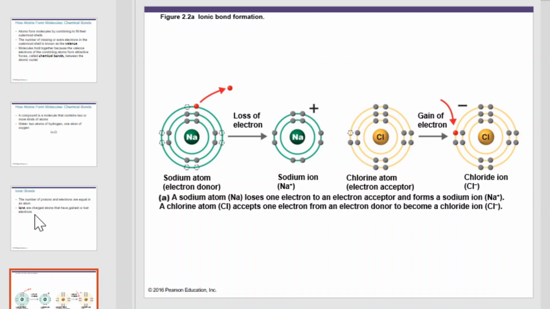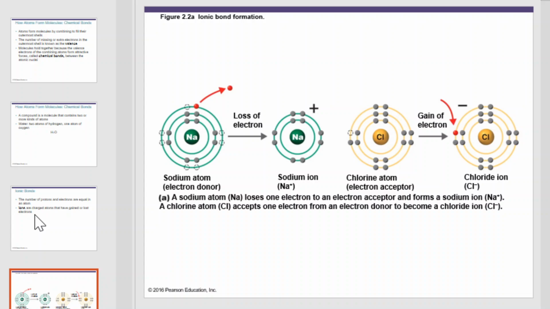As a result of this, the sodium atom has an outer shell that is now full. However, it also has a positive charge, as it has lost one electron necessary to balance the positive charge of the nucleus fully. Chlorine has gained an extra electron, making its outer shell also full.